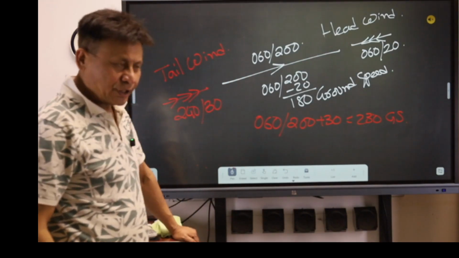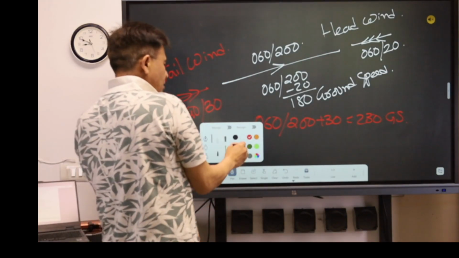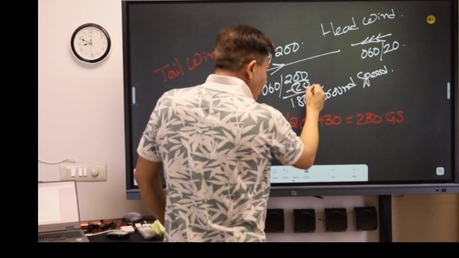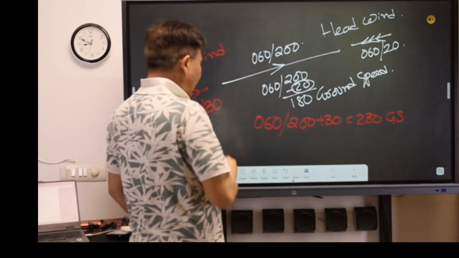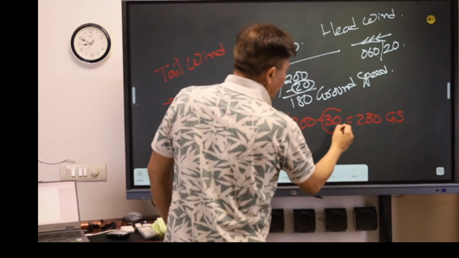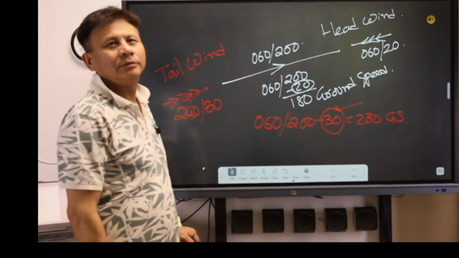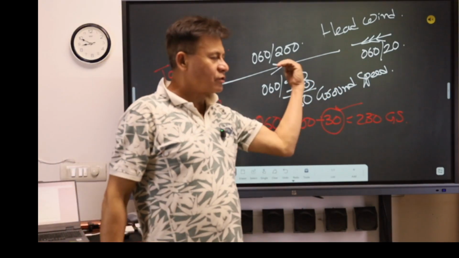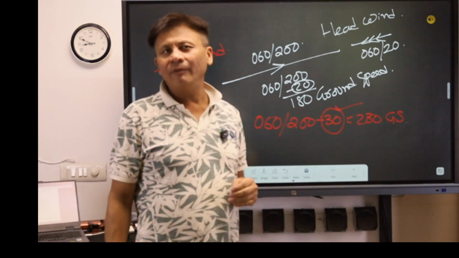So in the previous case, the component of the headwind is 20 knots, and in the example written in red color, the component is 30 knots of tailwind. Headwind of 20 knots and tailwind of 30 knots.